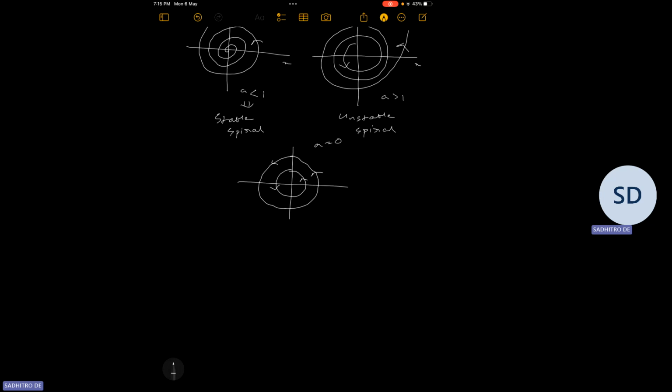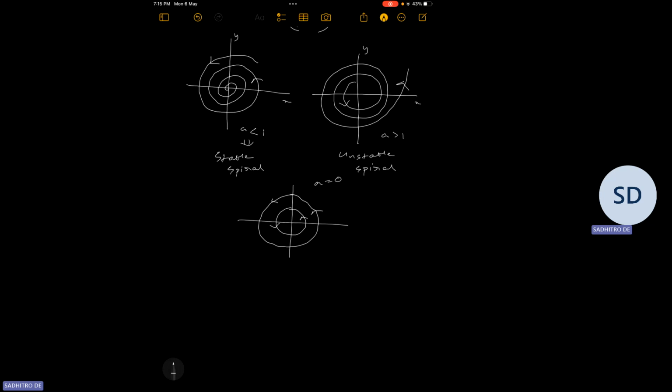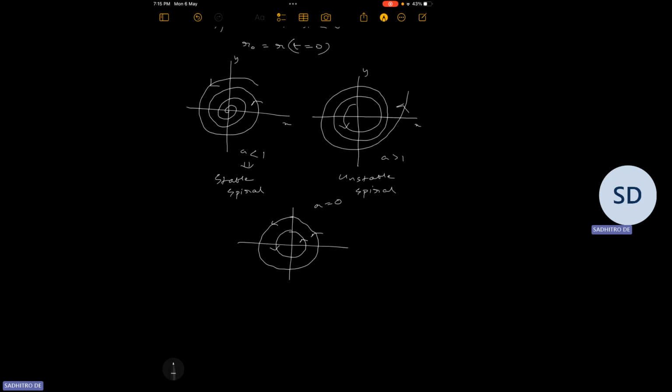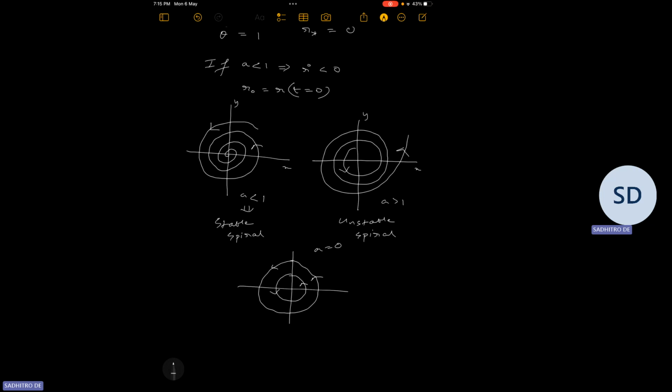So you saw that the linear stability analysis predicted the origin to be a center, but the presence of the nonlinear terms changes the nature of the fixed point, and we actually see that the fixed point turns out to be a spiral.